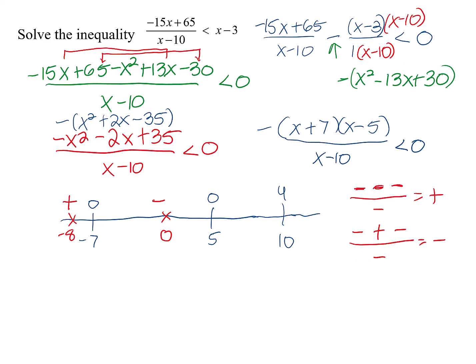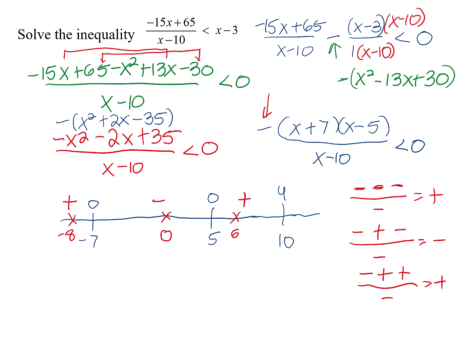Let's pick something between 5 and 10. I think I'll pick 6. Okay, so I still have the negative that's right here on the front, and then putting 6 in the first factor will make it positive. Putting 6 in the second factor in the numerator makes it positive as well. Putting 6 in the denominator makes it negative. So the numerator, negative times two positives, is negative, divided by negative is positive.